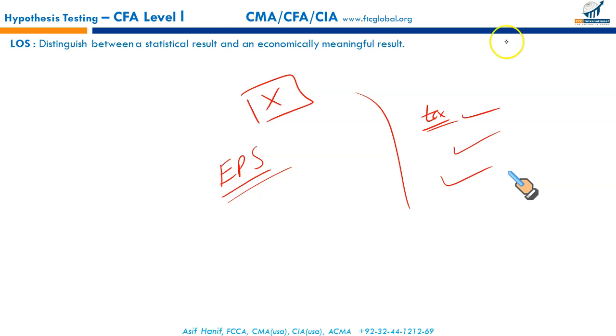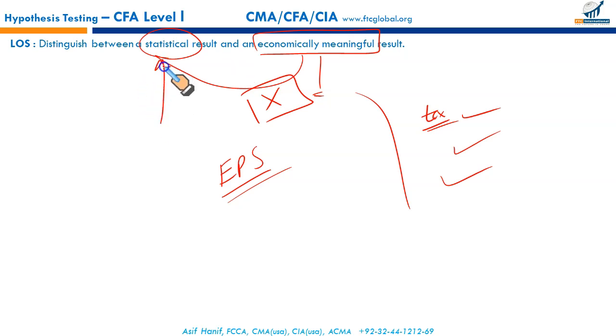Then we can say that the economic influences are to be considered in decision making, and statistical computations will just complement our analysis, but we cannot rely solely on statistical results. So this is the specific purpose of this learning outcome statement.